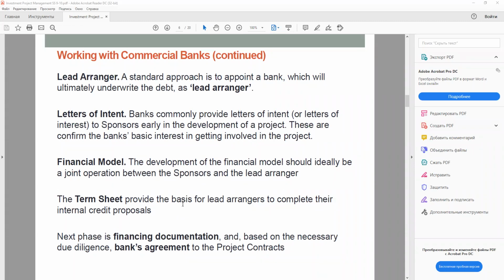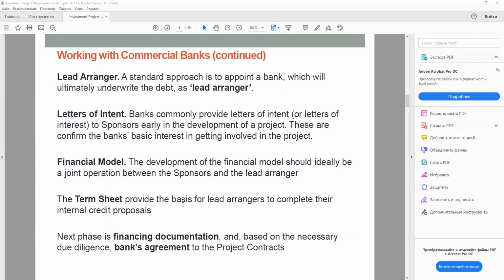The standard approach to arranging a project finance loan is to appoint a bank which will ultimately underwrite the debt as a lead arranger. As with the financial advisor, experience of lending to the type of the project and in the country concerned are key factors in selecting a lead arranger.